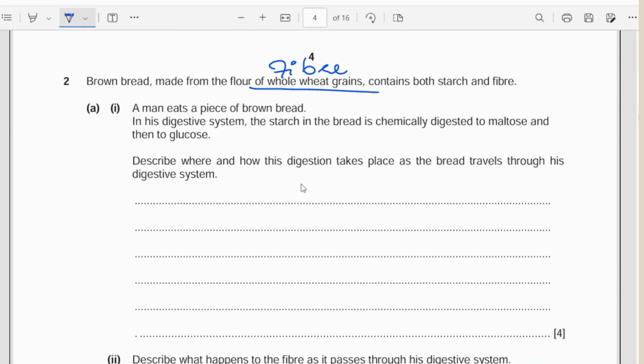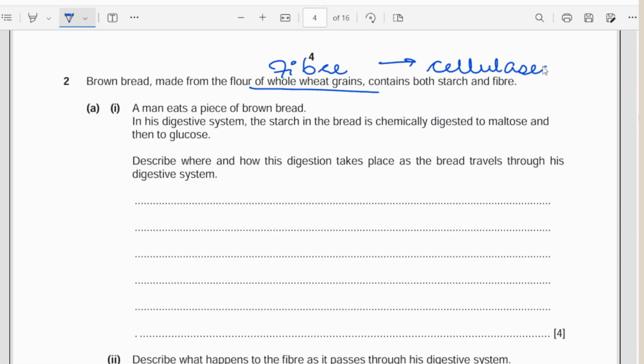Cellulase. Cell wall. So the enzyme is cellulase. Yes. Okay, so we do not have cellulase. That's why we cannot digest fiber. Clear? Now you can answer it.